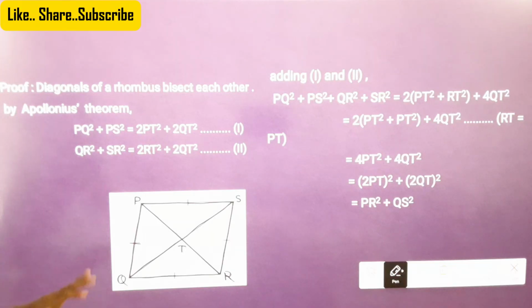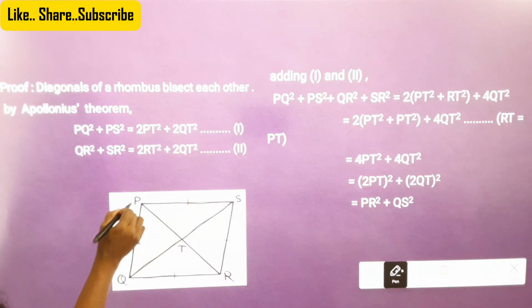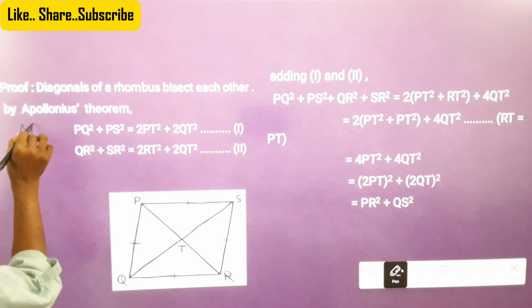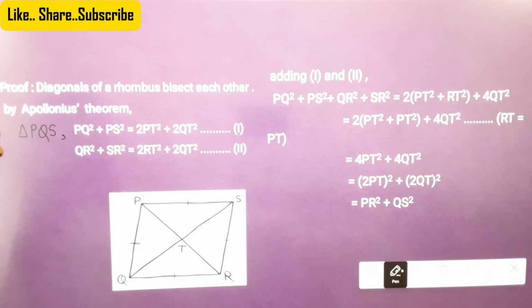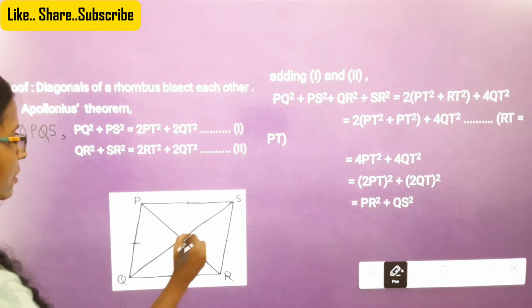So now here we take the triangle PQS. In this triangle PQS, PT is the median of this triangle.